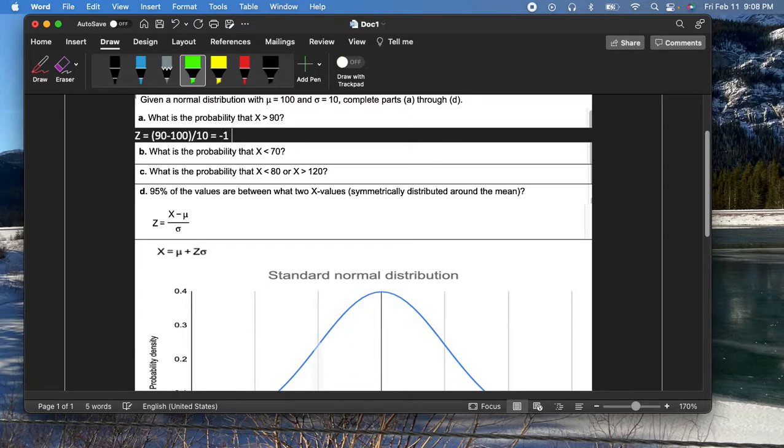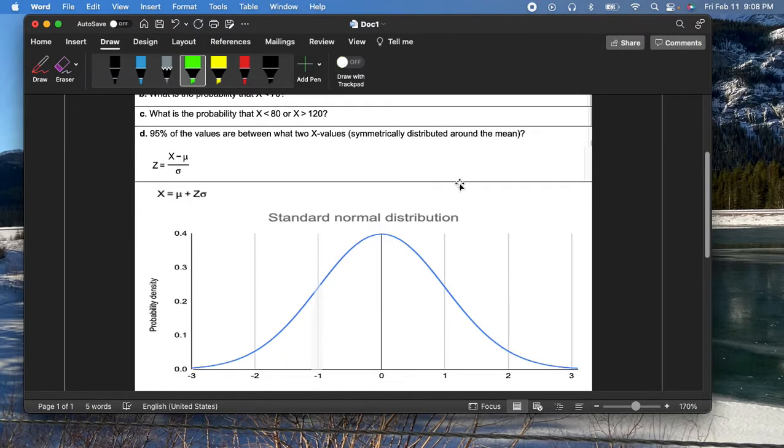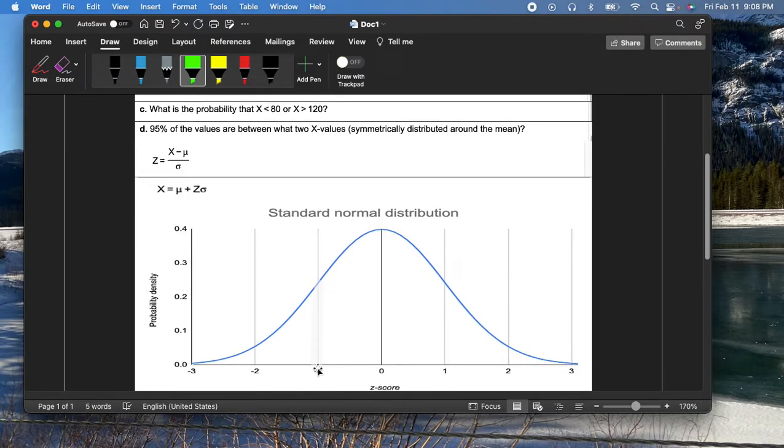Simple enough, right? So 90 is one standard deviation below the mean. Our mean is right here, our standard deviation is here. So what we are trying to do is find the values to the right of negative 1 standard deviation. We're trying to find these values here.